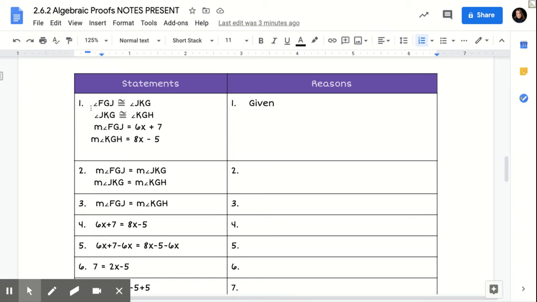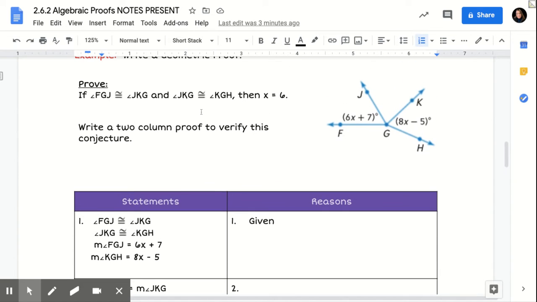All right, so the first thing that you write in any proof is the given information. With this one, given within the statement was that these two angles are congruent to one another, and these two angles are congruent to one another. And this information was given in the diagram. So that's looking from over here.